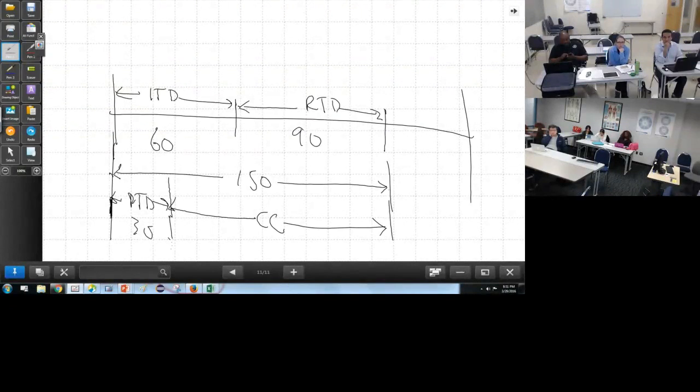Make sense now? Okay. One thing called operating cycle. It's a cash operating cycle, or the term is that. Okay, good. A good question. Is this 150 cash operating cycle or just the cash cycle or the operating cycle?